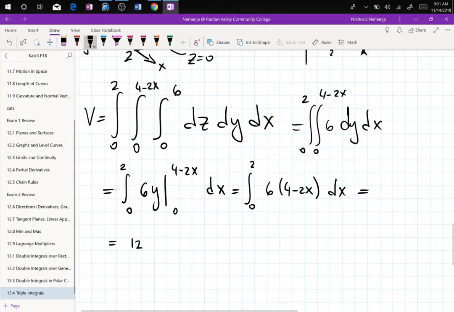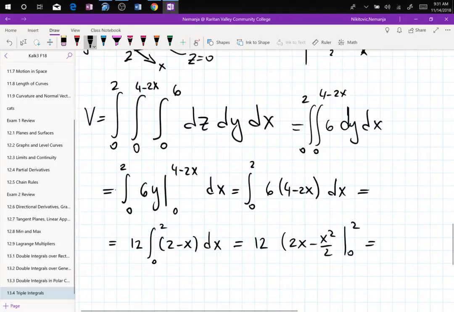Personally, I would pull 12 out, and that leaves you with 2 minus x to integrate, which makes everything easier to compute. Do we all see the factor 2 in parentheses? 2 times 6 is 12. Kick that in front of the integral. So this is going to be 12, and now you have 2x minus x squared over 2, computed from 0 to 2. 12 times 4 minus 2, 24 as promised. So the whole problem is quickly 24.